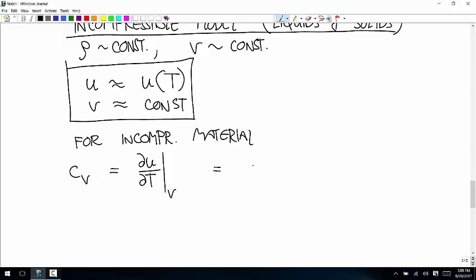And so we can think of this as a total derivative of the internal energy with respect to temperature.